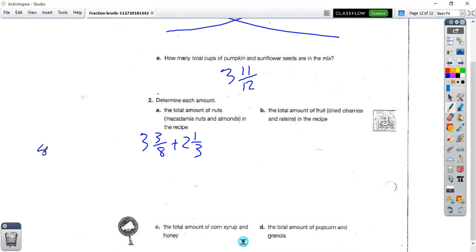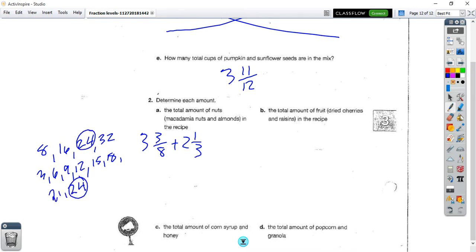So we've got 8, 16, 24, 32, and I've got 3, 6, 9, 12, 15, 18, 21, 24. I can stop because I'm at 24. Cool. So if you learned your multiplication tables, this would be a lot easier. Here I can do 8 times 3 and 3 times 3.